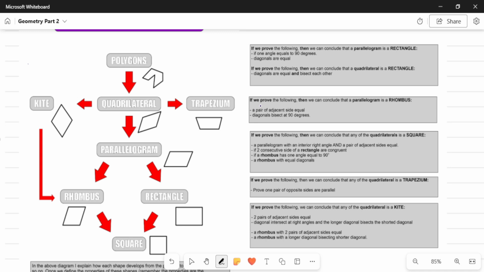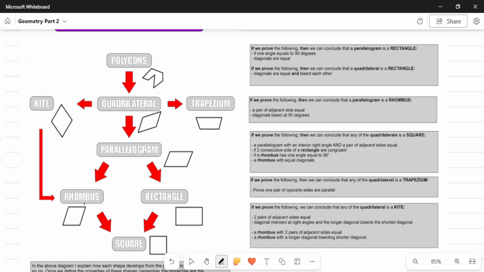Right, let's go here with this one. If we prove the following, then we can conclude that a parallelogram is a rhombus. So if in the paper they give you this diagram and they call it a parallelogram, and I can prove that a pair of adjacent sides, so this is one pair, this is another, are equal, then I can say that this so-called parallelogram is in fact a rhombus.